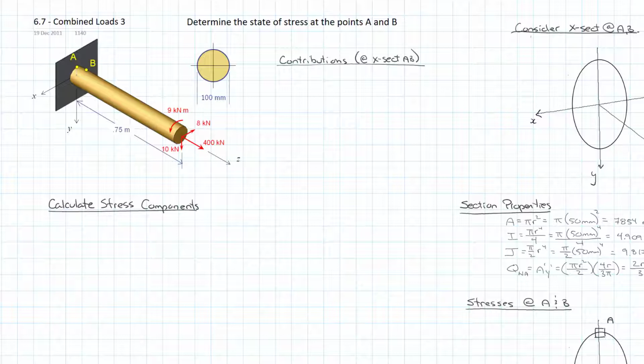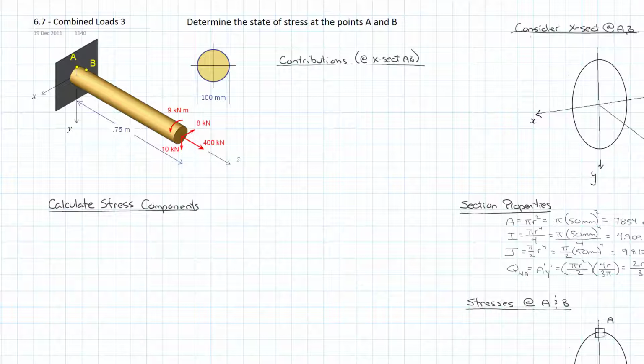So we have forces acting in the x, y, and z directions, all at the end of the rod. We also have a torque of 9 kilonewton meters about the z-axis at the end of the rod. What we're going to do is figure out what the stress conditions are at points A and B. Points A and B are 2 different positions at the cross-section right next to the support itself.